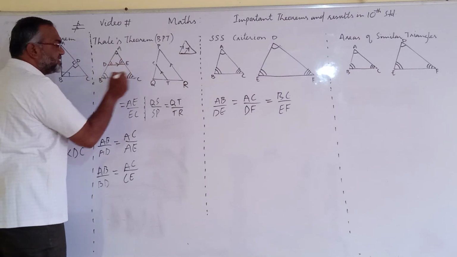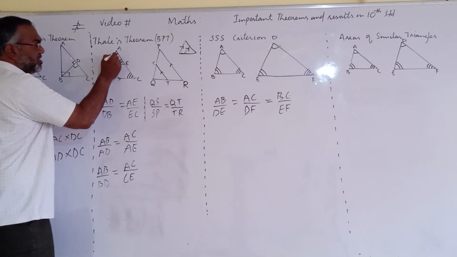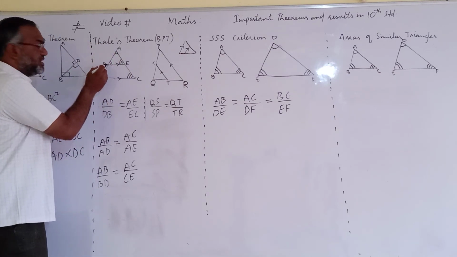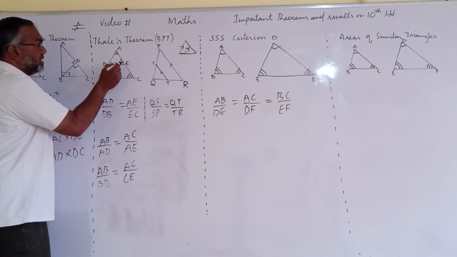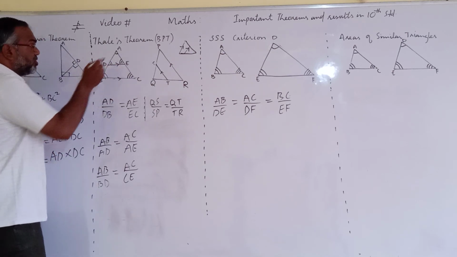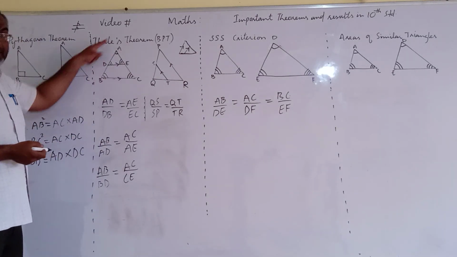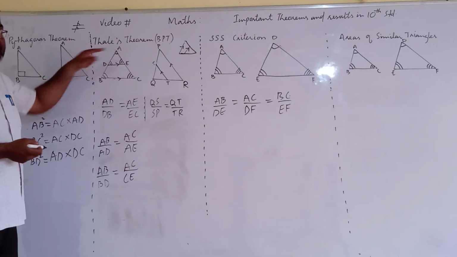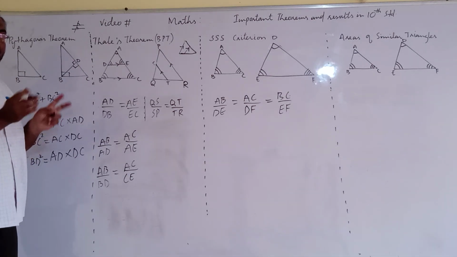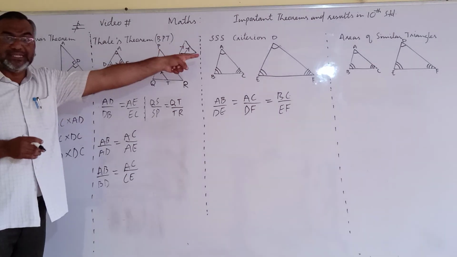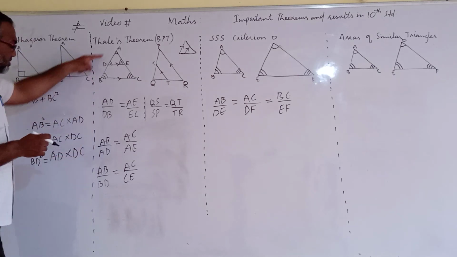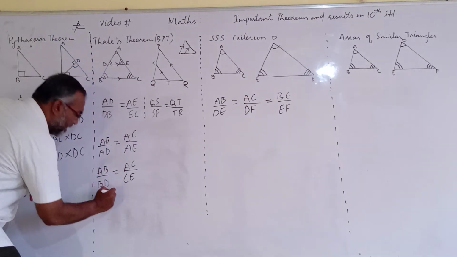And angle E is equal to angle C. A is equal to A, D is equal to B, E is equal to C. So here also corresponding angles are equal. That means these two triangles, triangle ABC and triangle ADE, are equiangular. So we can apply SSS criterion here, and that means one more result will be here.